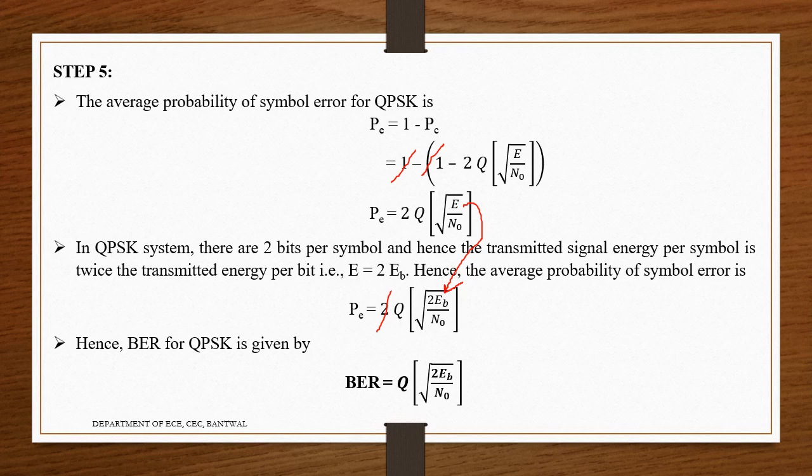This is how we do it, and we do it for the probability of correct decision. Then we take the formula from the correct decision to represent the average probability of error, and then convert it to the error function.